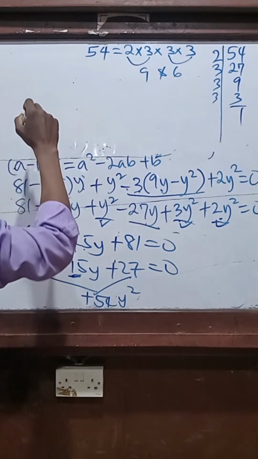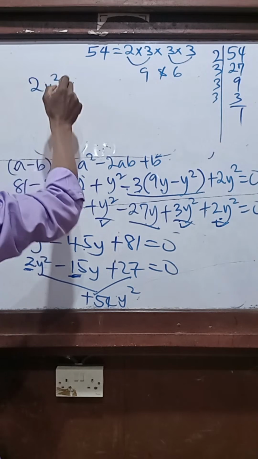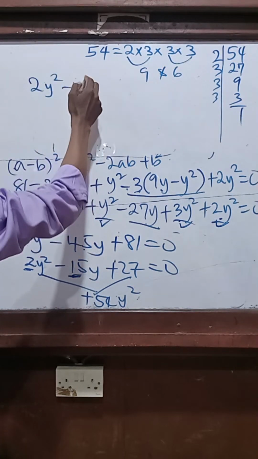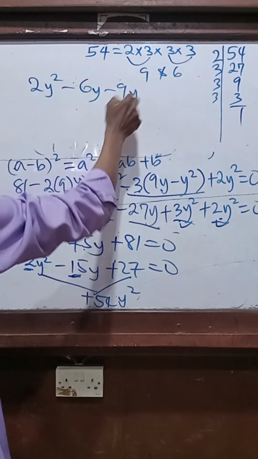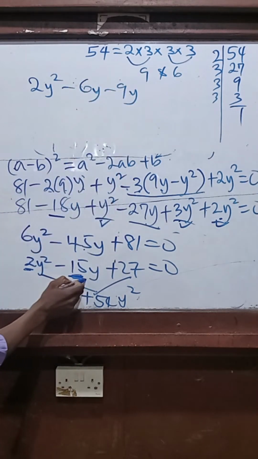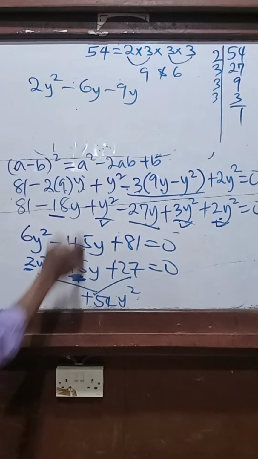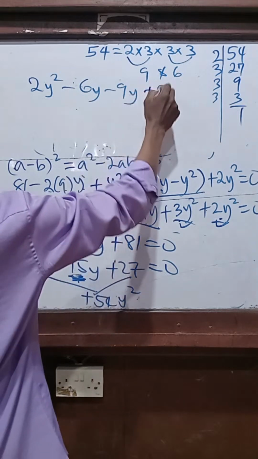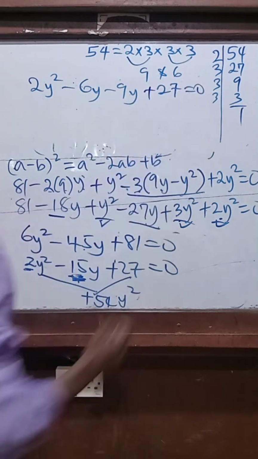We're going to have 2y squared minus 6y minus 9y. That's the replacement of the B, minus 15. Minus 6 minus 9, that's minus 15. Then plus 27 equal to 0.